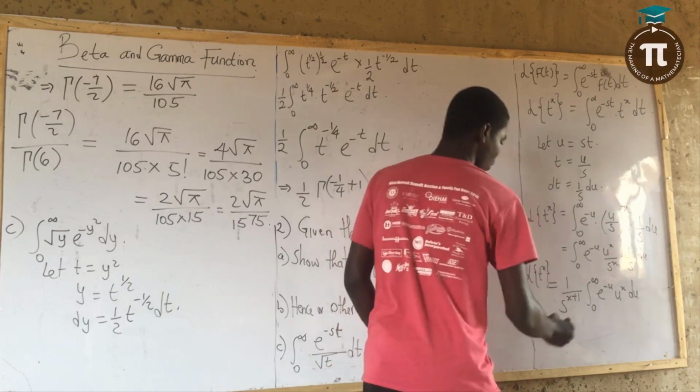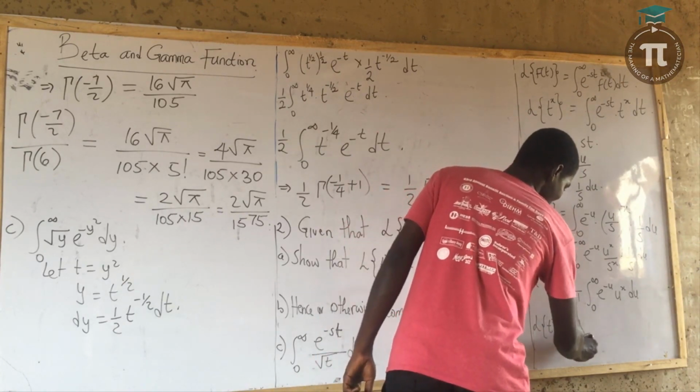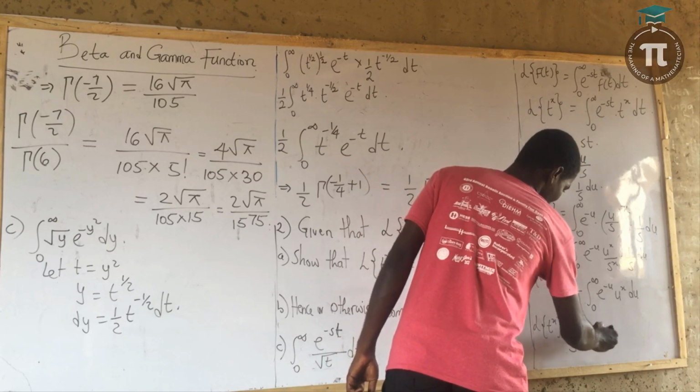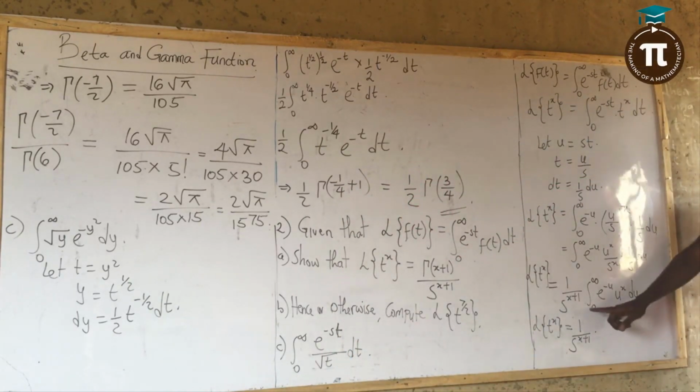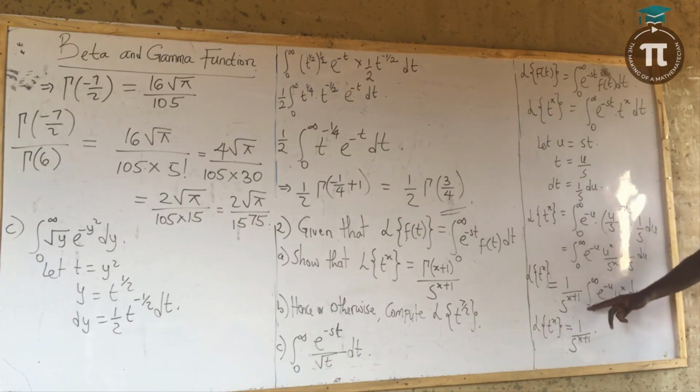So the Laplace of t raised to power s will be equal to 1 over s raised to power s plus 1 multiplied by the integral. So I will be left with e raised to power minus u, u raised to power s.